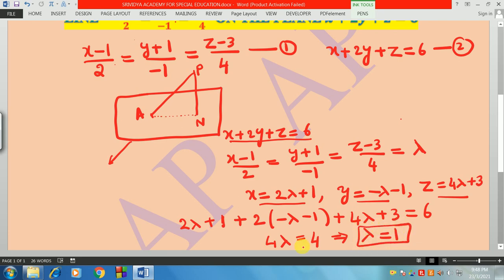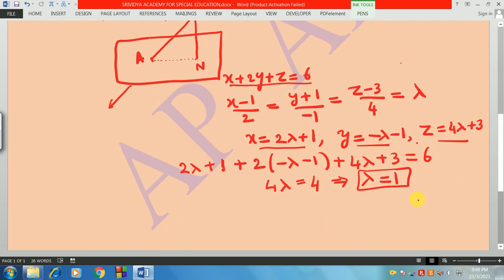Now when we substitute for lambda, we get the values of x, y and z, which is nothing but the general point, that is point A, the point of intersection of the line and the plane.